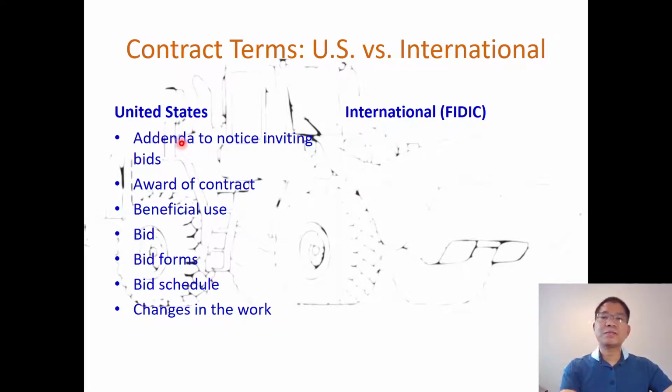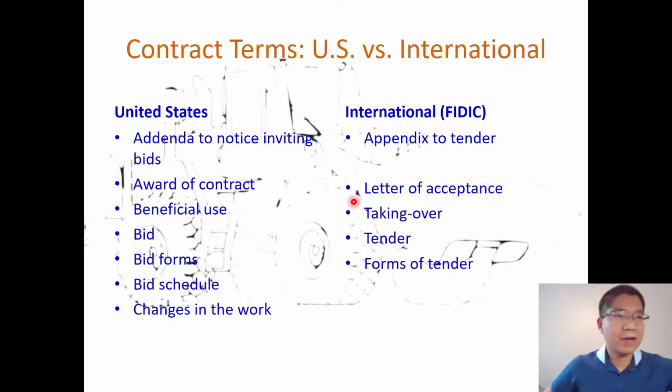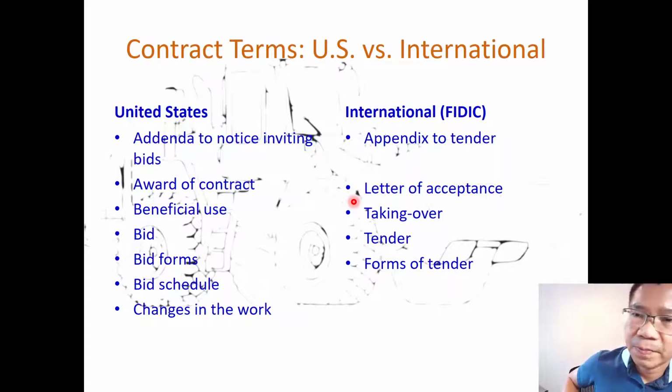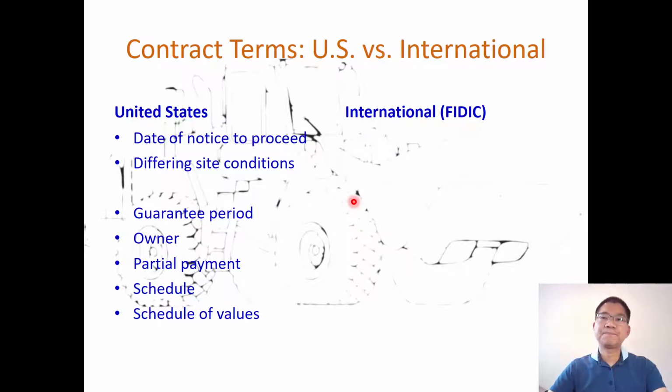Addenda to notice inviting bids, we call appendix to tenders. Award of contract, we call letter of acceptance internationally. Beneficial use means taking over. Bid is tender, and bid form will be tender form. Bid schedule, we call bill of quantities. Changes in the work, we call variations. So those are several of the terms that you see.